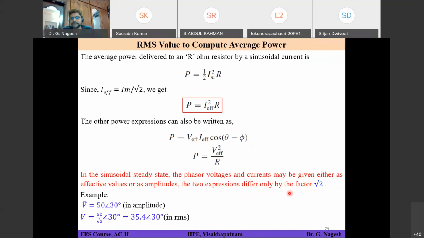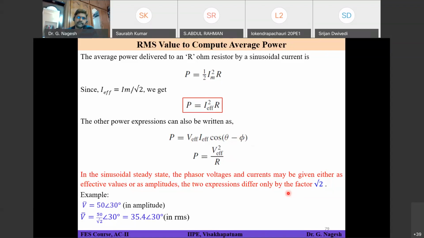So phasor can be expressed in terms of amplitude or in terms of RMS value. Both are correct, but one should clearly specify whether it is RMS representation or maximum value representation.